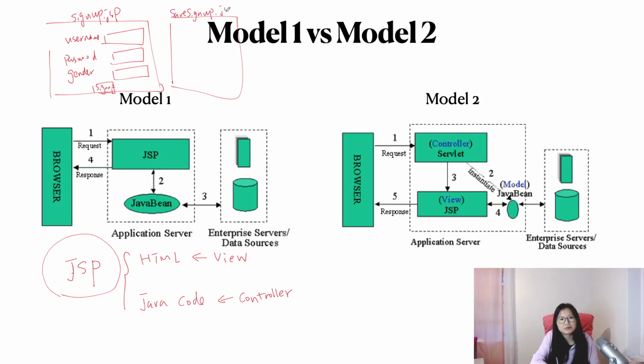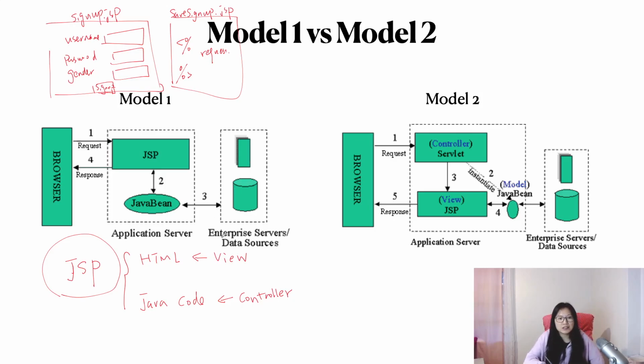Inside of this JSP, you will write scriptlets. You can have request.getParameter for username, request.getParameter for password, and so on. From here you also need to work with a JavaBean, which means you create a new user and then save the new user into the database.